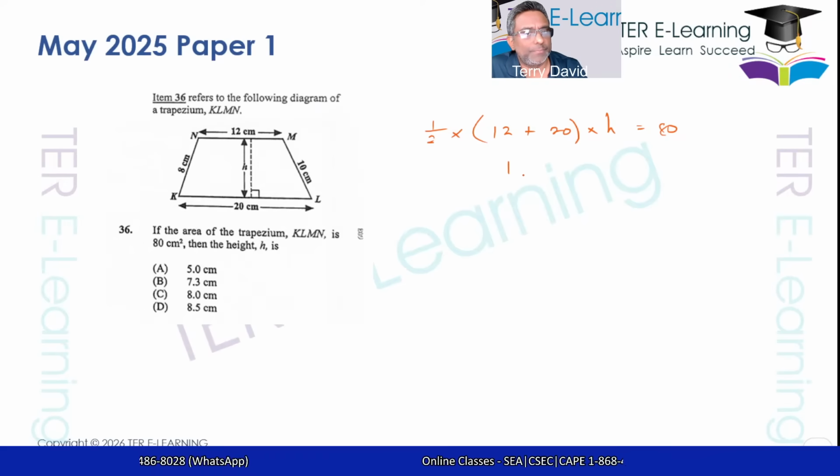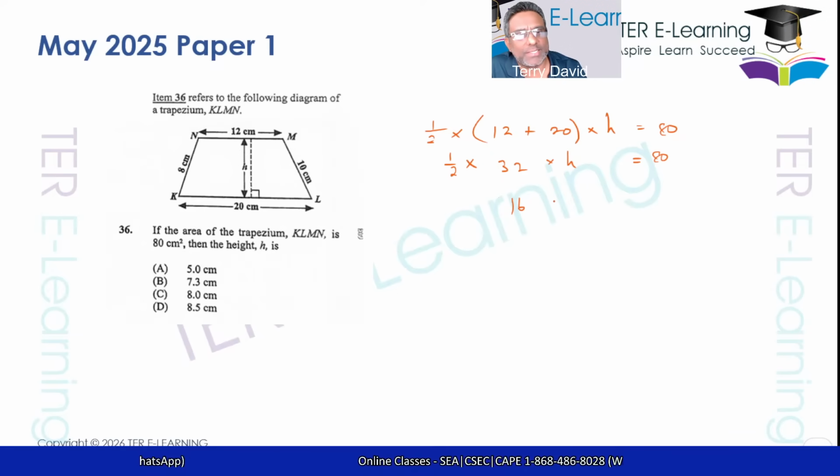So this will be a half by, right? So we're adding this here. So that's going to be 32 by h is equal to 80.